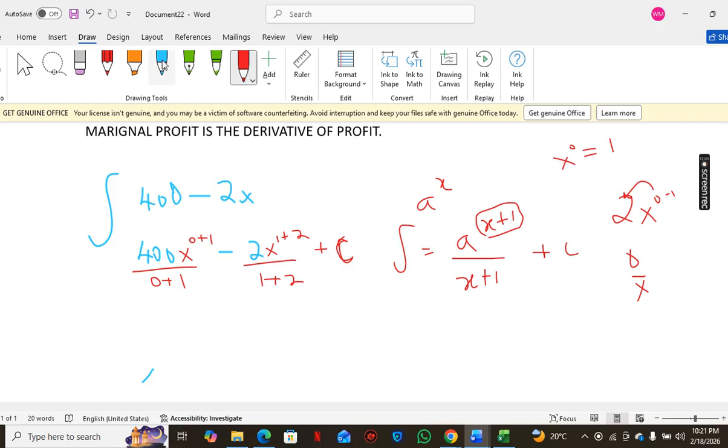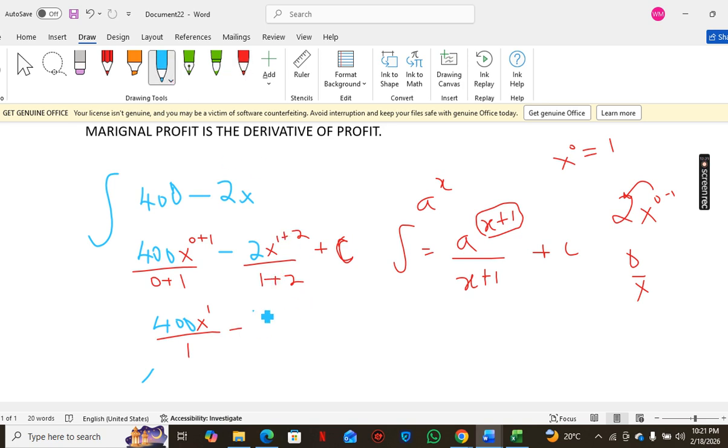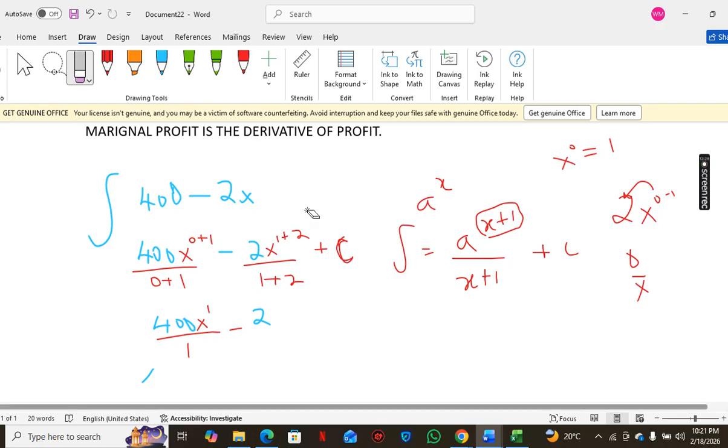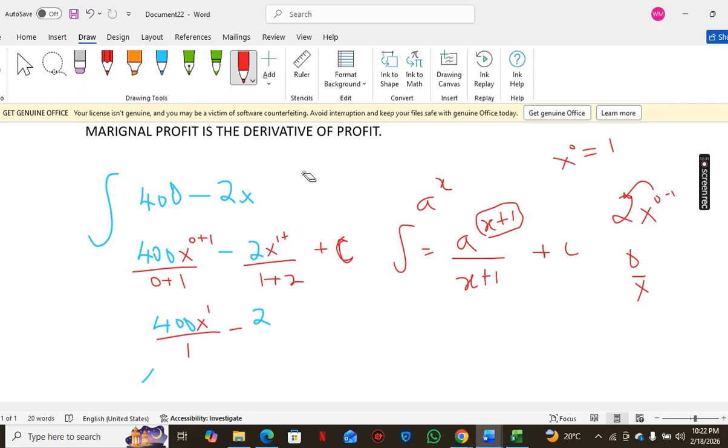So we're going to have 400x to the power 1 over 1, minus 2x to the power 2 over 2. Here is 1 plus 1, not 1 plus 2. I even wanted to ask where that 2 is coming from. It shows you are following. Wonderful. Yeah, it's 1 plus 1 there.